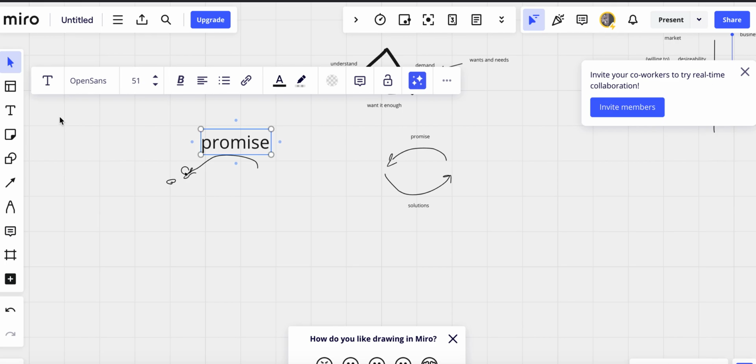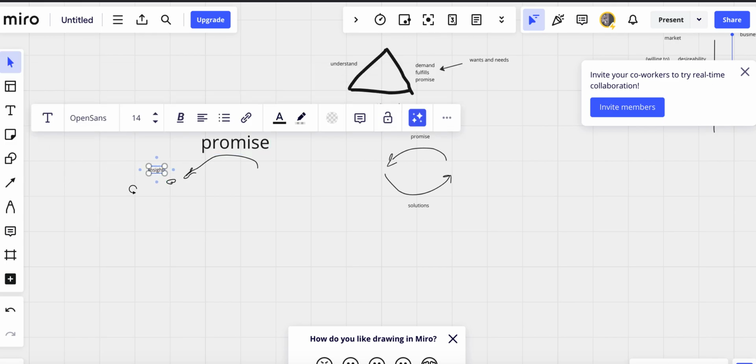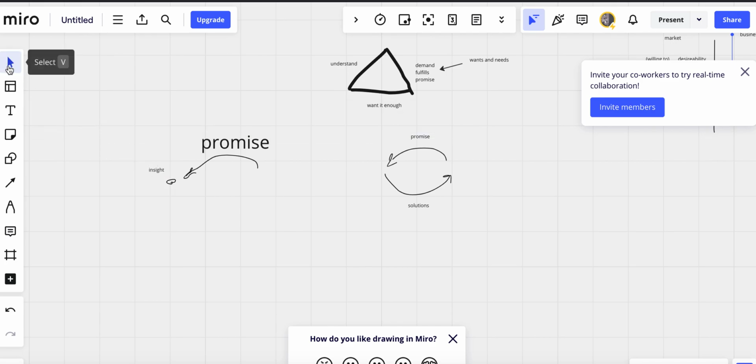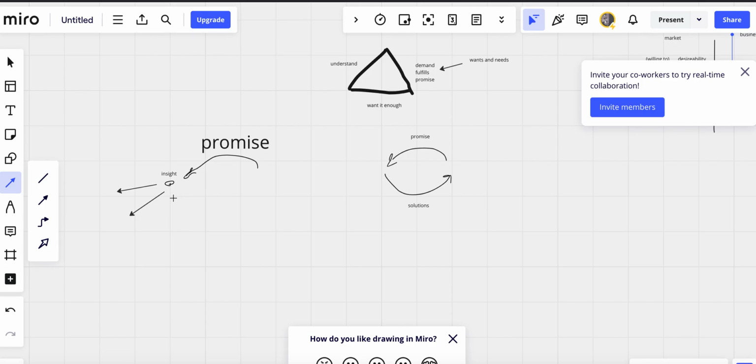So you've got promise coming in, and then I've got insight over here. This is the insight that is discovered by evaluating the market and trying to understand what the promise is that they're wanting. And then from there, we have this proliferation, because the insight isn't the solution. The insight is the instigator for solutions. And so from an insight, we can have many different directions.